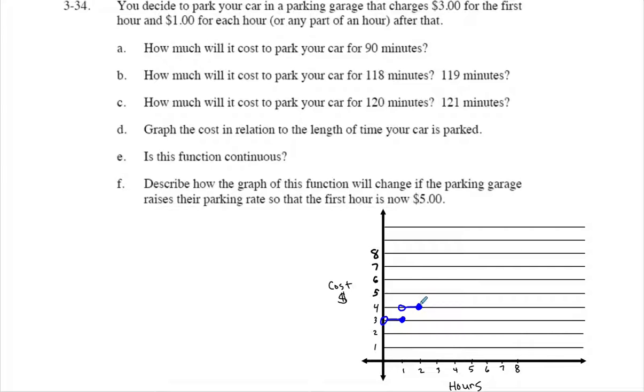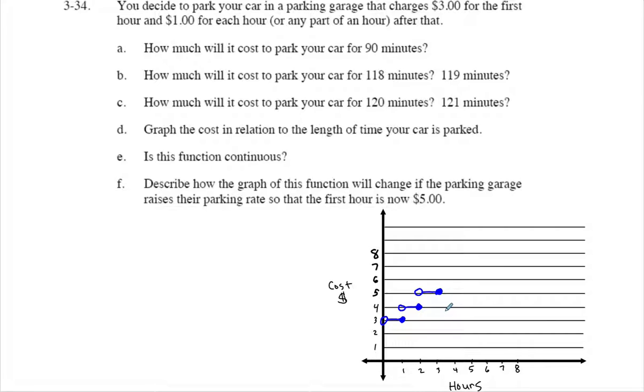Then if we went even longer than that, once we cross 2 hours and go above that, we get charged another $1. So we mark our boundary line, and then we go across here. Remember, open circles means does not equal, closed circle means it does equal.